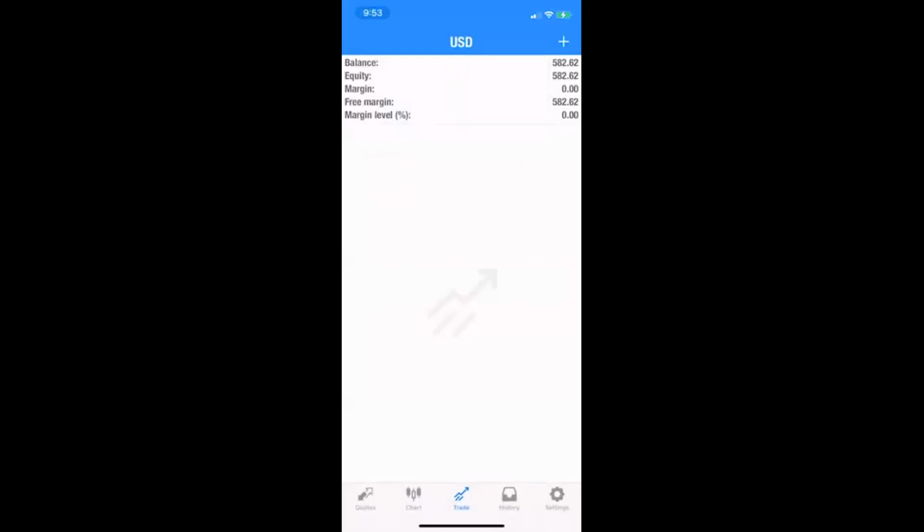All right, so you should see my phone screen. So as you can see, I made my $16. So we did good on this trade. So then I'm going to stop this screen here.